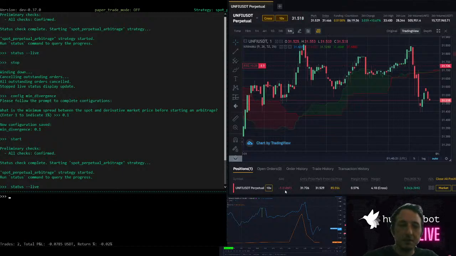It will take a bit of time, but as you can see on the perpetual side, the size is exactly 1.315, and the difference is that the margin used is based on my leverage, so it ends up being exactly proportional, one side to the other.